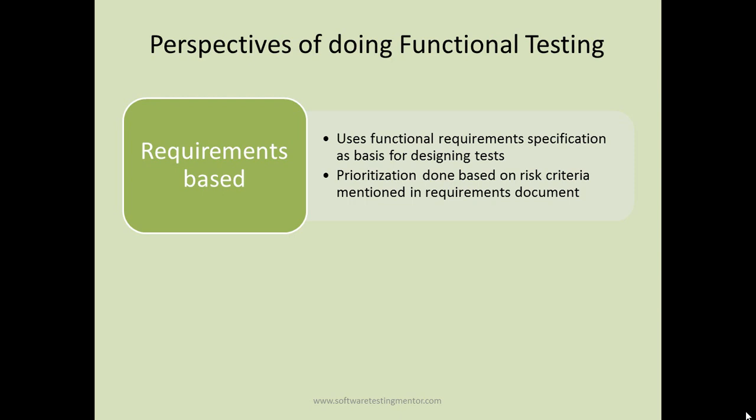So the first perspective is requirements based, in which you refer to the functional requirement specification document as a basis for designing your test cases, and based on the risk criteria mentioned in the software requirement specification document, you prioritize your test cases based on that risk.